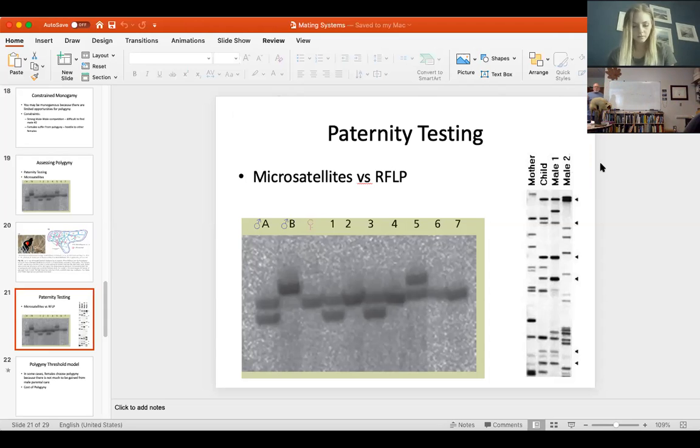Each restriction enzyme will have a particular set of usually 6 or 7 base pairs, and it will recognize that restriction site, and it will cut the DNA at those sites. And so each of these cutting sites is a restriction enzyme locus.